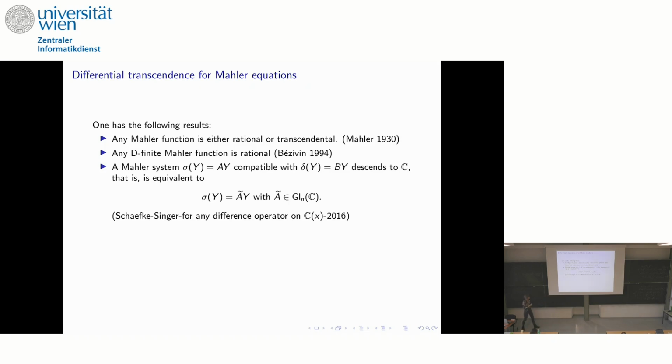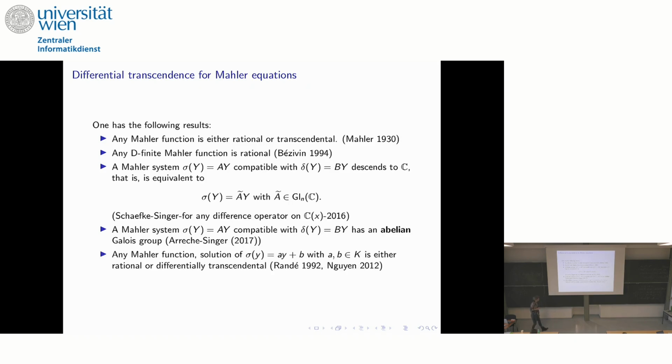Reinhard and Michael have done this for any difference operator on the projective line and proved a similar result. It's a hard machinery to prove that. And as a corollary, you can find a constraint on Mahler systems that are compatible with differential systems. They must have an abelian Galois group. So each time your Mahler system has a basis of solutions that satisfy linear differential equations, then the Galois group must be abelian. It's a very strong constraint.